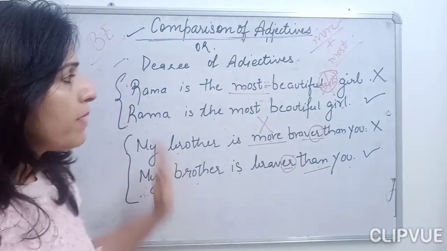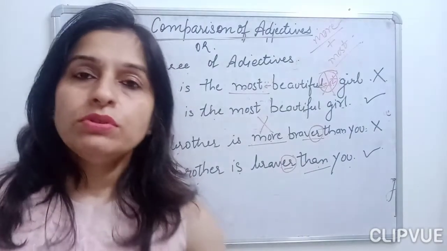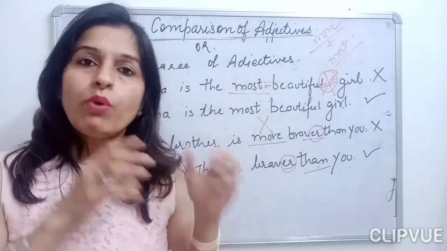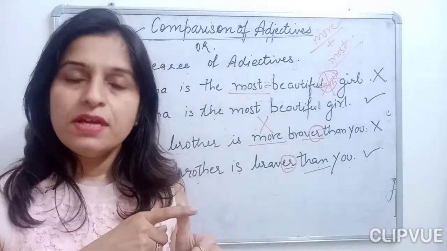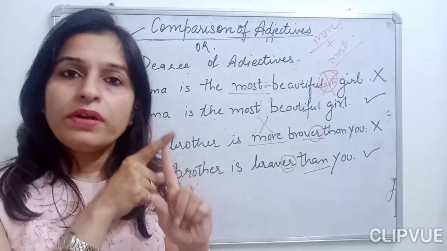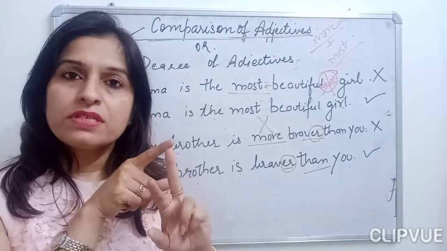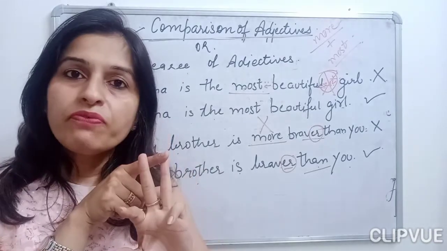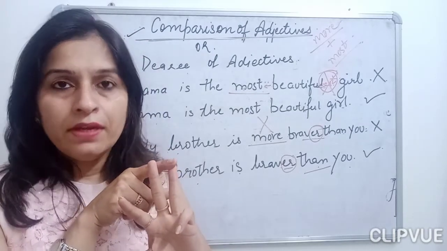Fine. So, by the end of this video, children, let me quickly run down what we have done. First, I started with what we understand by comparison of adjectives. Second, we did what the degrees of adjectives are. Then we did positive, comparative and superlative degree, and how we form the comparative and superlative degree. Fine.